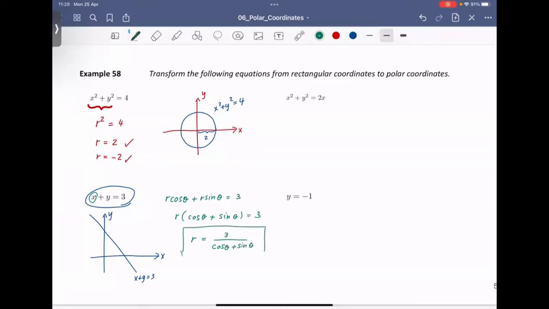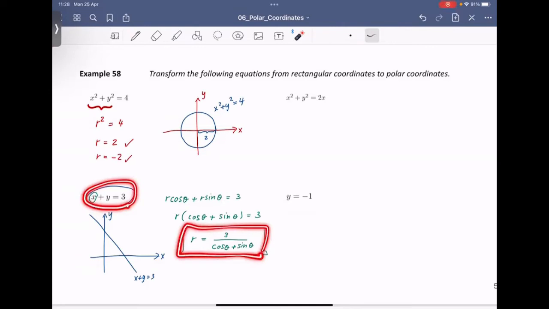This is the equation in polar coordinates. So you are learning that these two equations are the same. That means when you see a line, you prefer to use rectangular coordinates, because the equation looks simple.